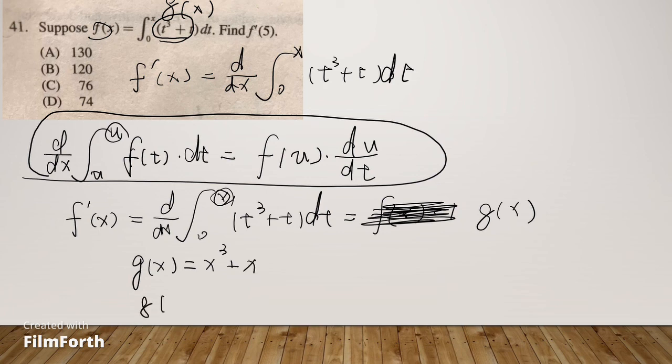So g of 5 equals 5 cubed plus 5. So the final answer is 130, because 5 cubed is 125 plus 5 is 130. So this is A.